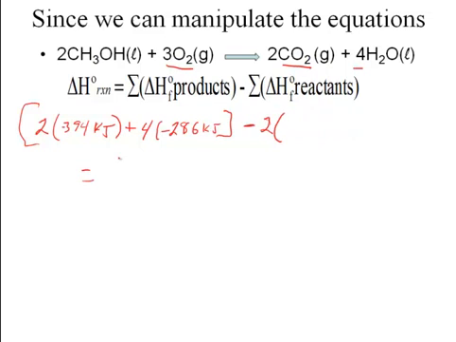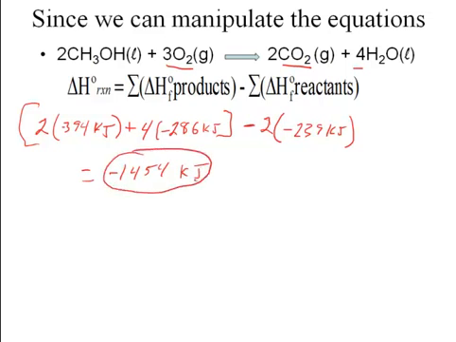All right. How about this? A negative 239 kilojoules. And when you add all that up together, you get a negative 1454 kilojoules. Okay? So that's how much energy we get when we burn 2 moles of methanol.